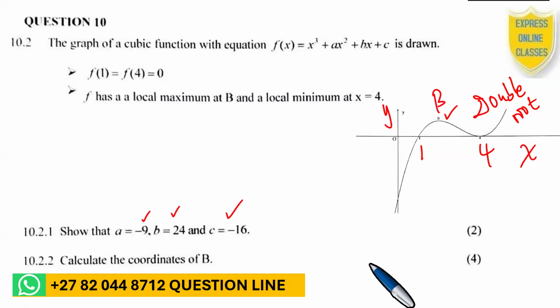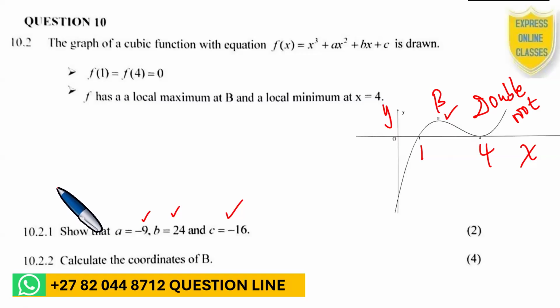So now if this one is a double root, it would mean that you can analyze this cautiously and get the answer.